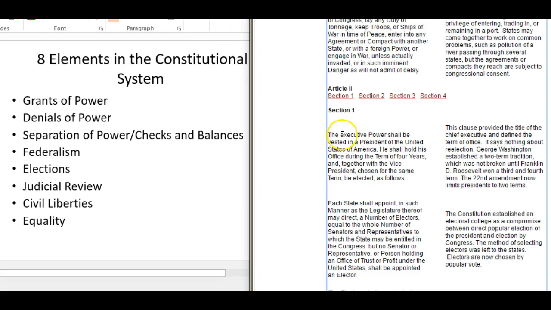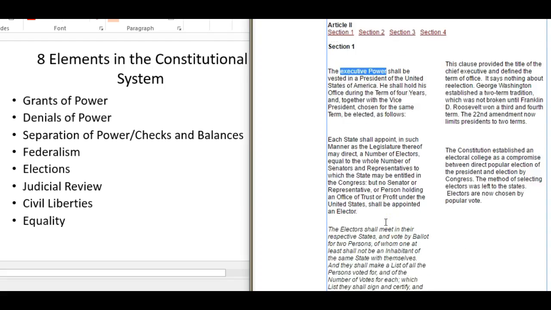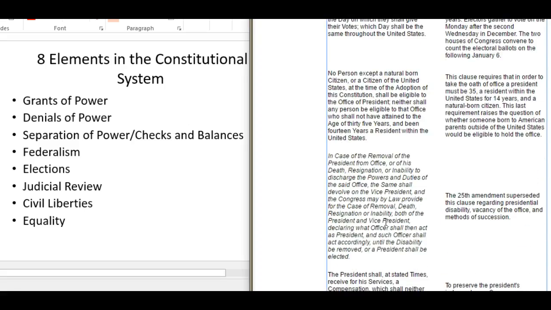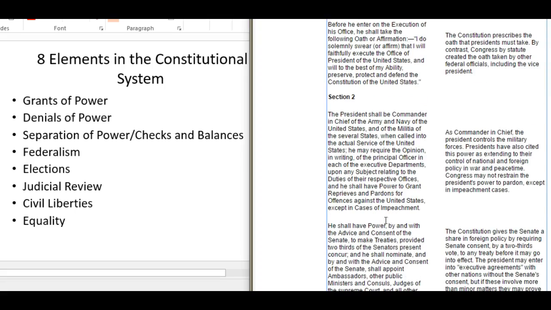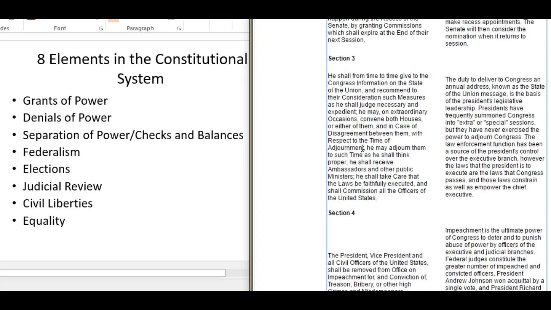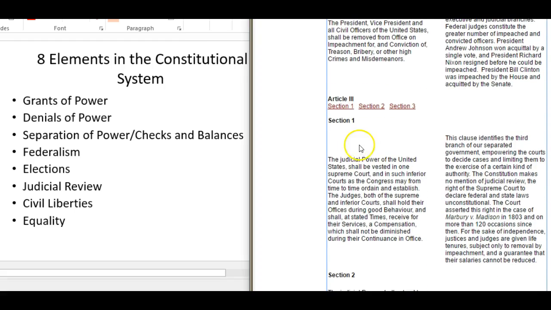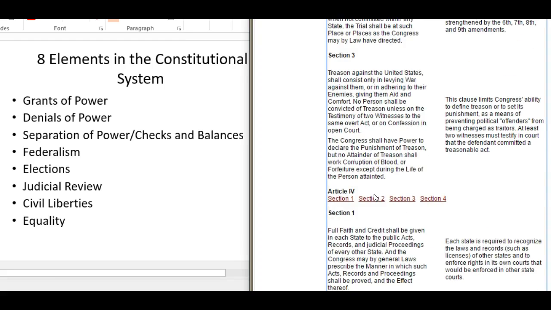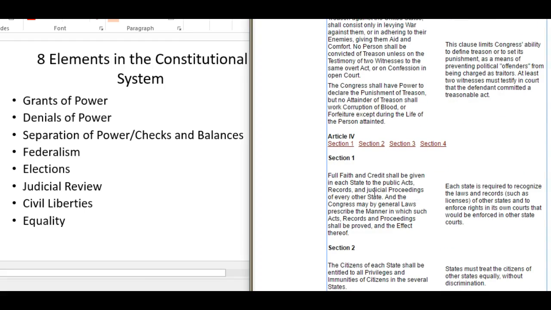So Article 2, what's Article 2? Well, look at that. There's the executive branch. And Article 2 is a lot shorter than Article 1. Not as much here. We'll come back through it in a minute. And Article 3, you can probably already anticipate what Article 3 is about. Of course, the judicial power, right? Judicial branch spelled out here. It's the shortest of those 3 articles.